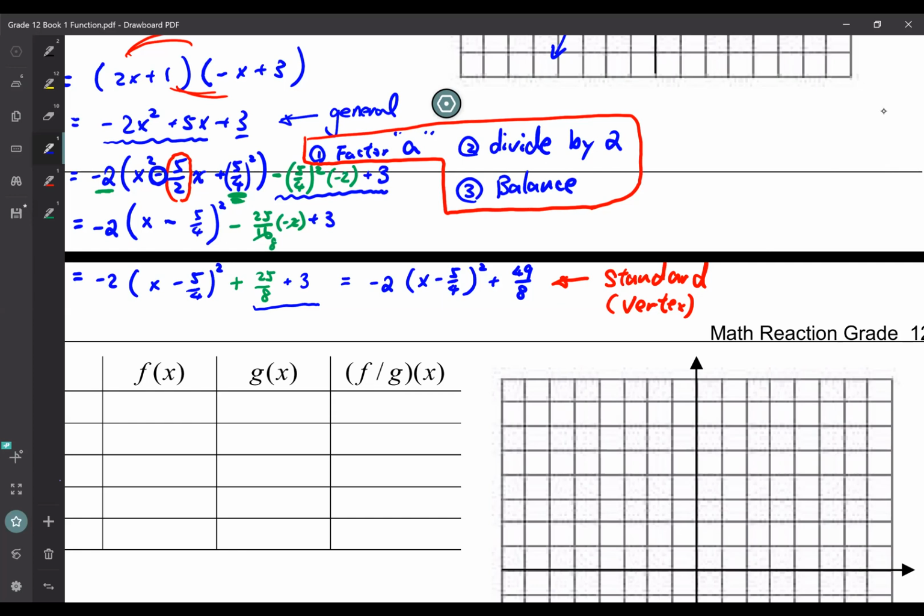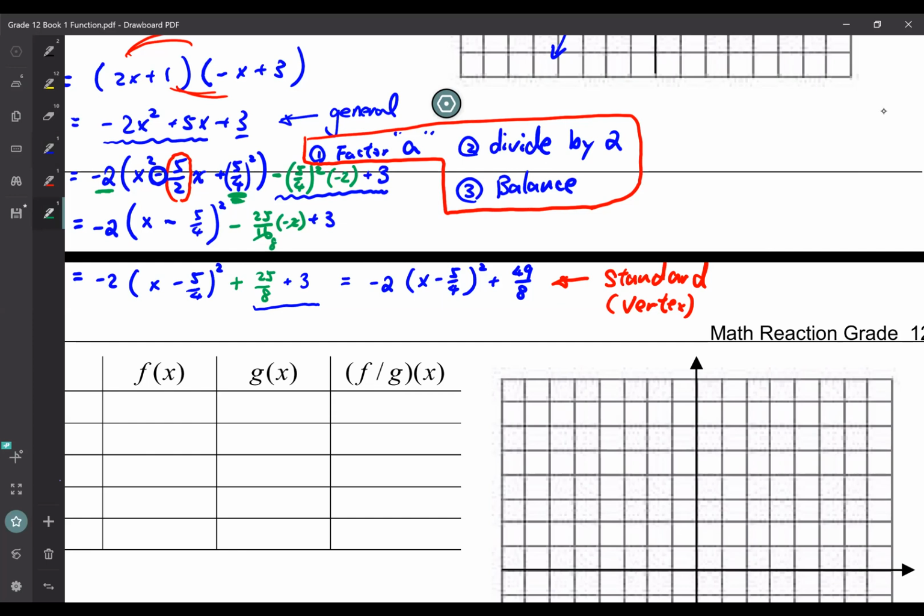Okay, do you know which one is the P, which one is the Q? Tiana. The P is at -5/4.